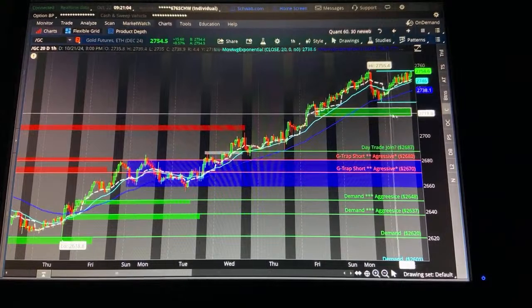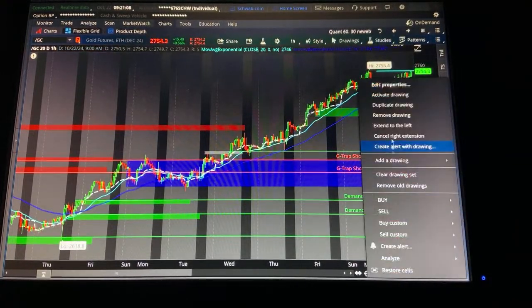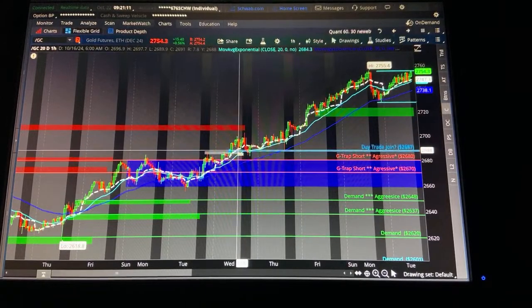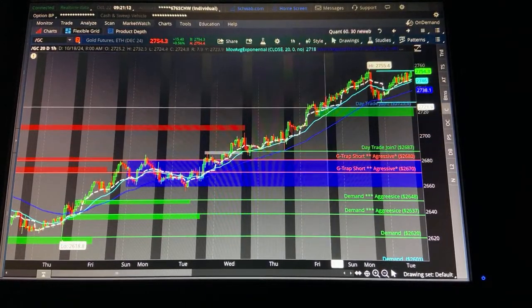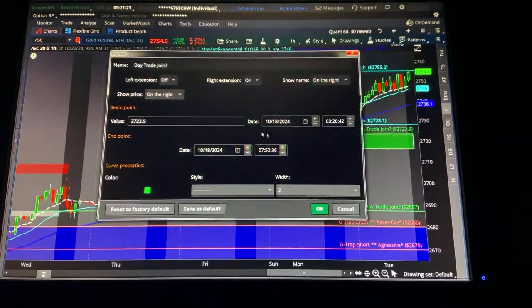This thing has such strong momentum that even a not really high quality level could still give you some gains here. I'm going to keep it short and sweet, put a number here. Call it 2720 handle.